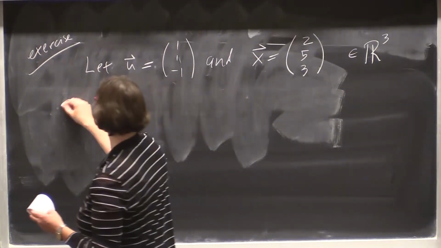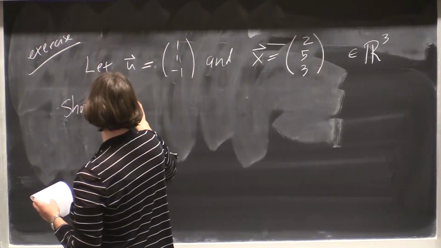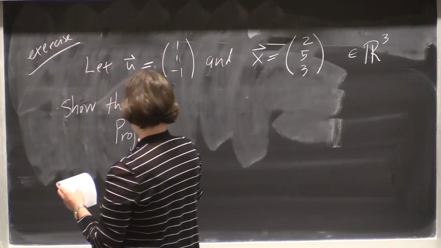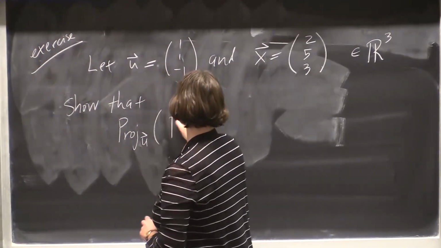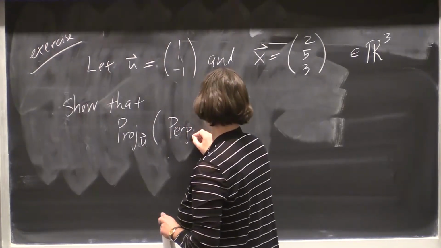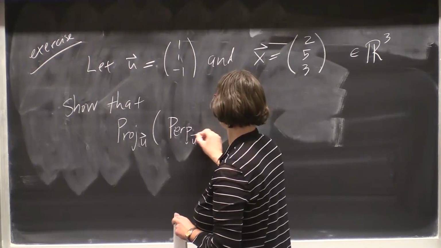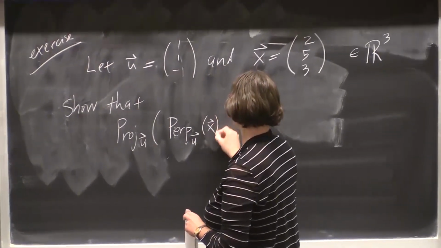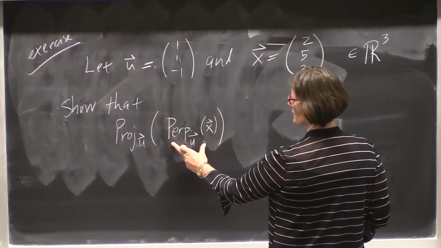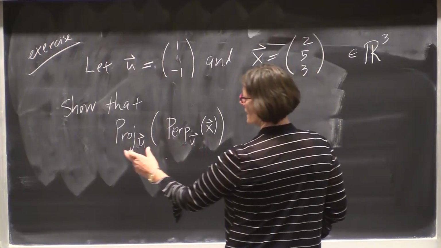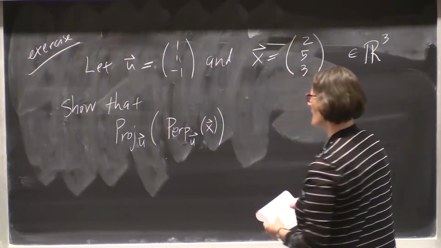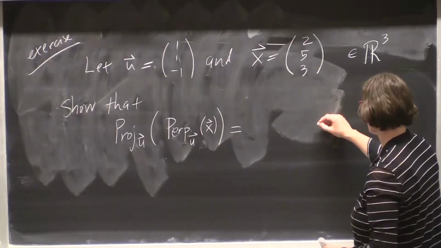And you're asked to show that if you first project x perpendicular to u, so I take the vector x and project it perpendicular to u, and then I project that resulting thing onto u, what should I get?